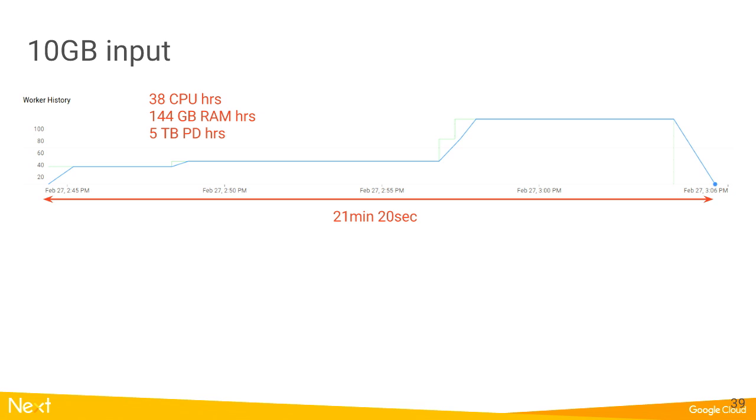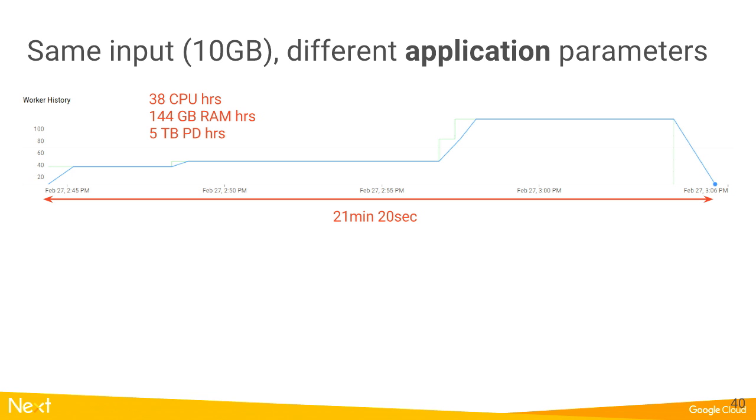Now, the same input, but with different threshold parameters for the pipeline. So this is an application parameter. Like I wanted to produce more detailed results. So it makes it more expensive to run, or more computationally expensive. So this is how that one looks. It looks similar, right?